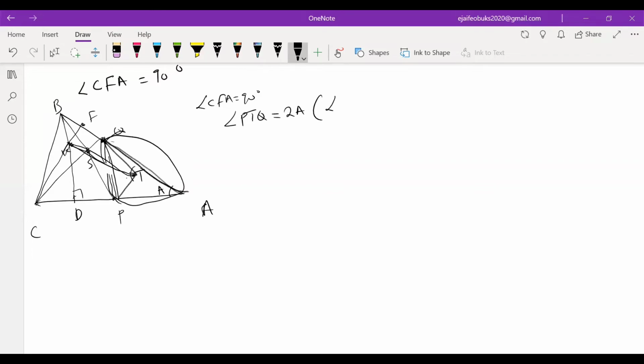Angle at center equals 2 times angle at circumference. This is basic circle geometry. So this is 2A, and we know that TQ and TP are equal to the radius of the circle. So this should be 90 minus A.